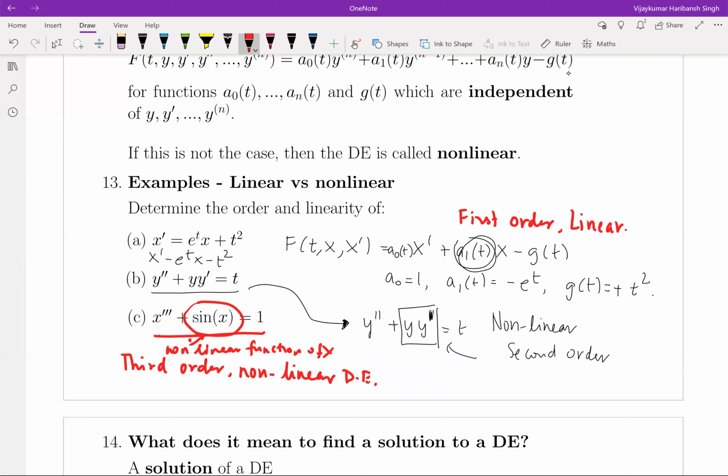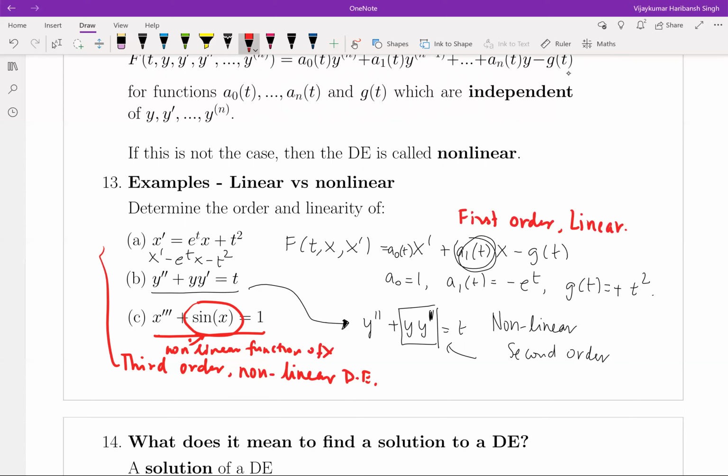Okay. So this is the classification based on type. All these are ODEs, ordinary differential equations. So the type is ordinary differential equation. What is the order? As you saw, the first one is first order, the second one is second order, the third one is third order.